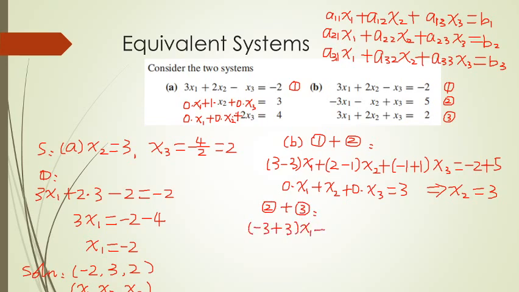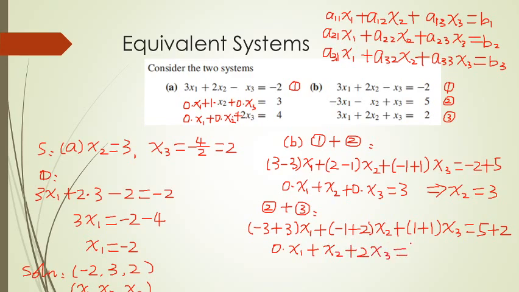For x2, that is minus 1 plus 2. For x3, that is 1 plus 1. The right side constant becomes b2 plus b3, which is 7. Then 0 times x1 plus x2 plus 2x3 equals 7.